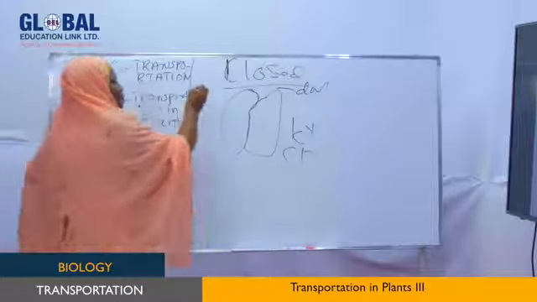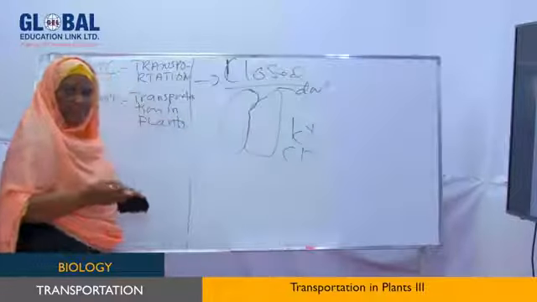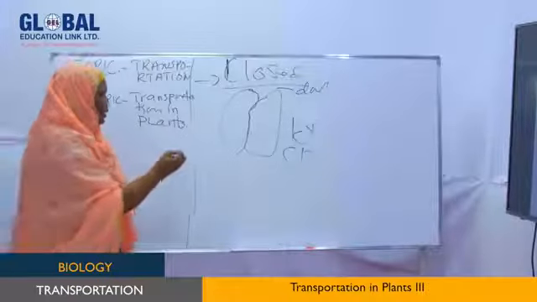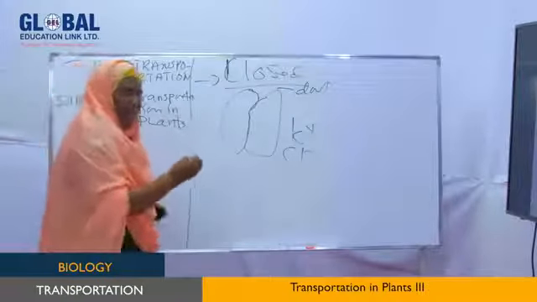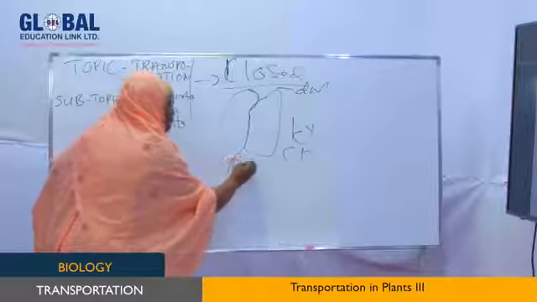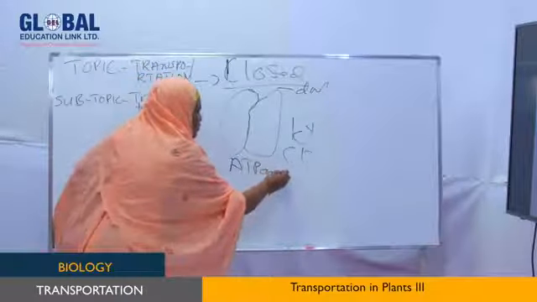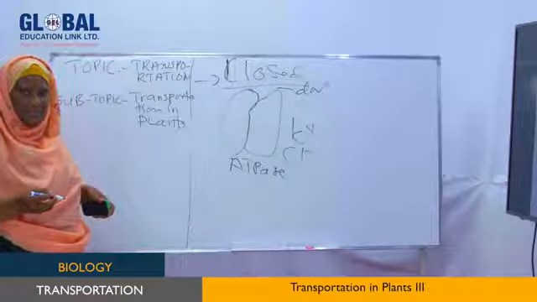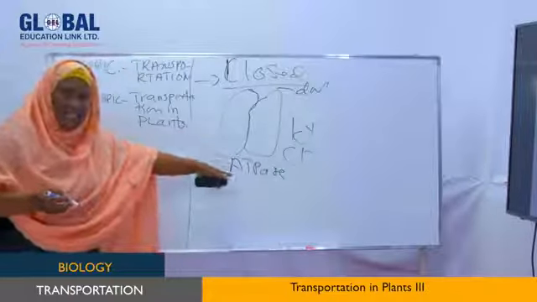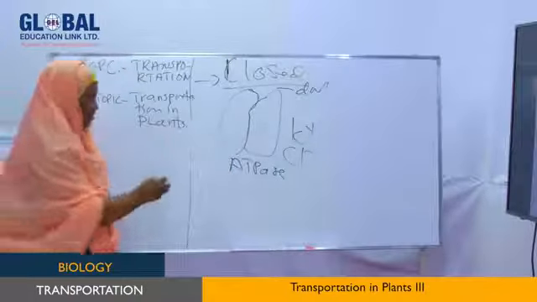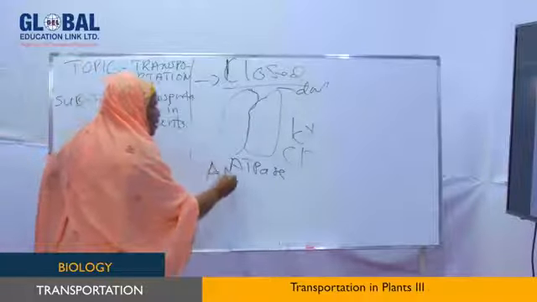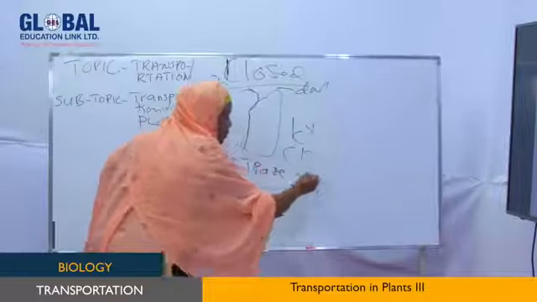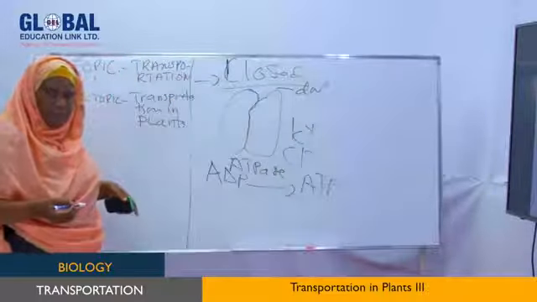But when light is present, it activates the enzyme known as ATPase. The enzyme ATPase will be activated. When this enzyme is activated, it converts ADP to ATP.